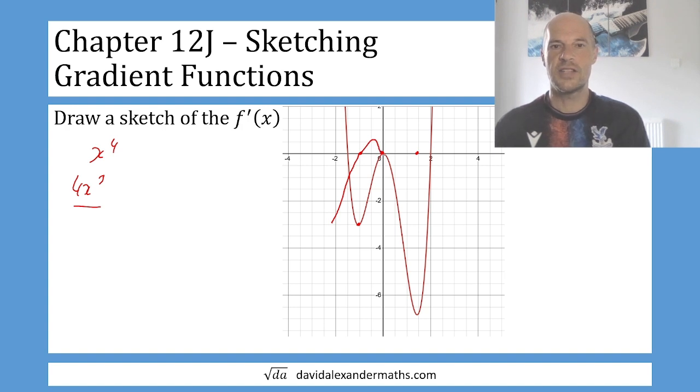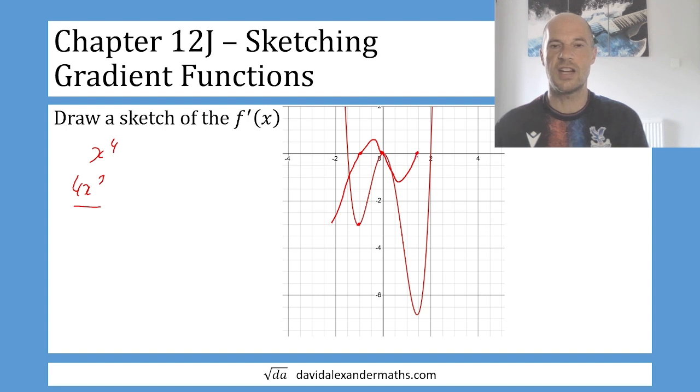Similarly at this point here the quartic curve is not very negative, but then it gets more and more negative, very negative, and then it slows down, becomes less negative until it turns around.